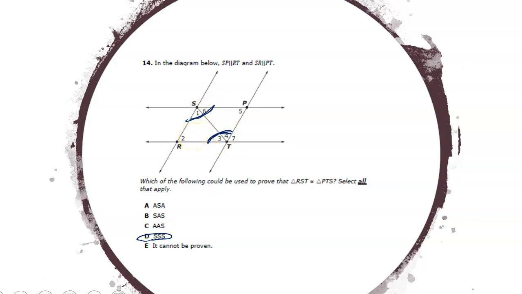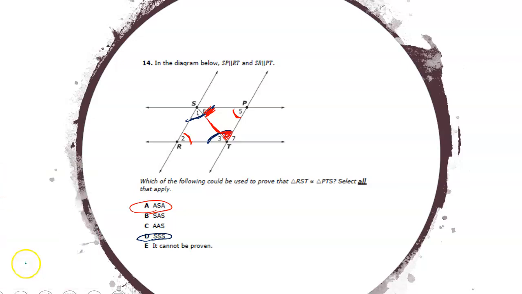And then we also have 2 is the same as 5. If you think about reflecting that over, all their angles are basically the same. Now there's no such thing as angle, angle, angle, but there is angle, side, angle. Because this angle here is the same as this angle here, we can say angle, side, angle, and it's the same on both sides. We can also do side, angle, side.